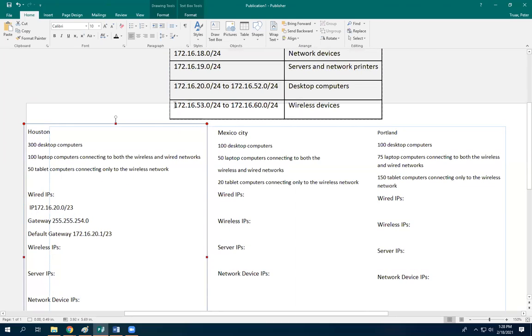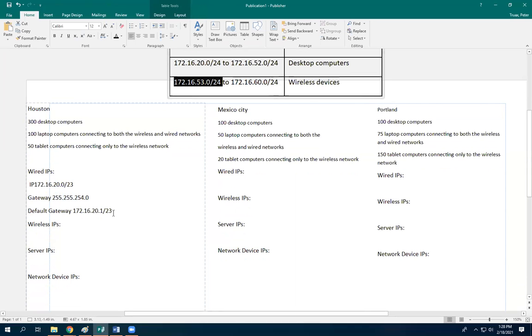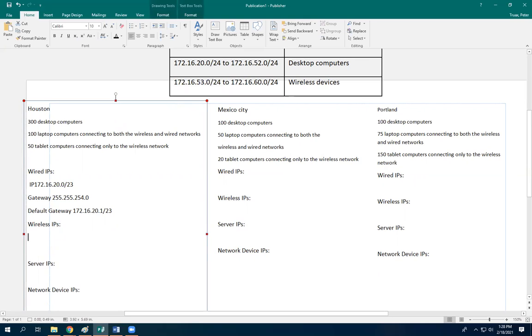And so for the wireless, we don't need to have the /23, so we can use a /24 with 150. So we can do the IPs of 172.16.53.0/24, and then, I've got gateway on the brain.